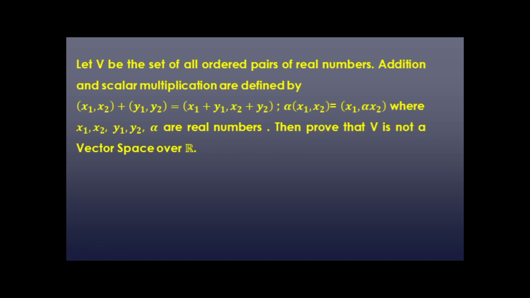Here we have to prove V is not a vector space over R. In the two conditions, the abelian group will not get affected here since the addition is defined the same as the previous one. So surely V is an abelian group. But when it comes to the scalar multiplication, the definition is slightly different. So for the four axioms we have to try to show that any one is not satisfied.